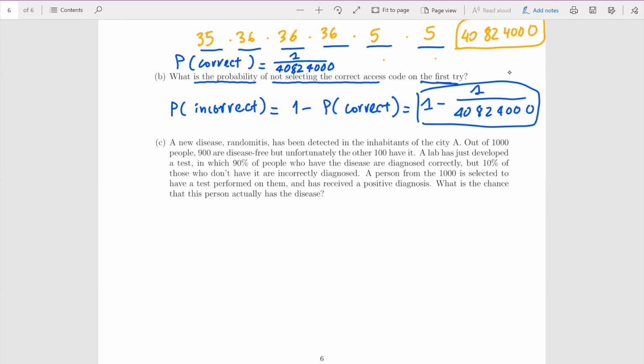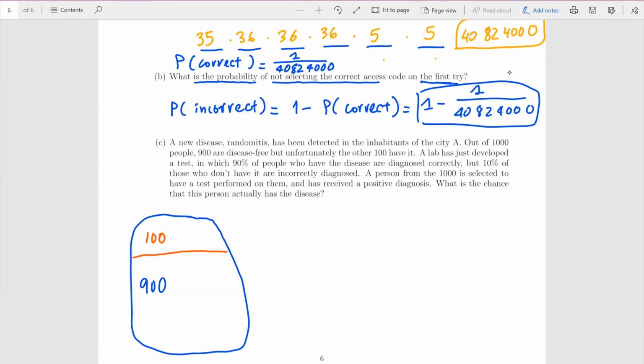A new disease, randomitis, has been detected in the inhabitants of a city A. Out of 1,000 people in that city, 900 are disease-free, but unfortunately, 100 people have it. So this is 100 people who have the disease, and 900 who do not.